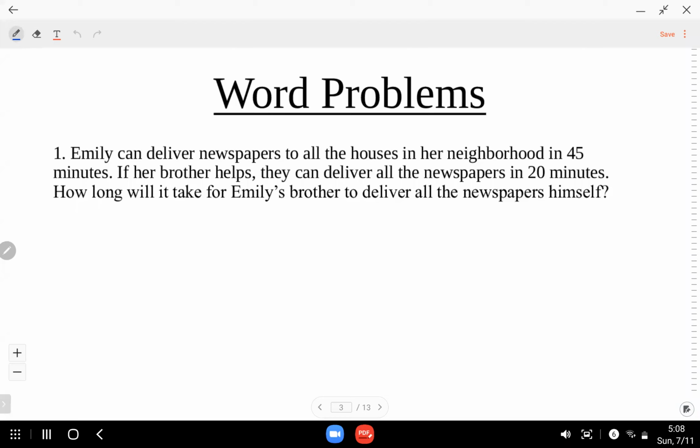Actually, how you solve this is quite simple. You just need to solve it using the same method as that pump A and pump B problem. It's the same concept. Should be pretty easy. All right, let's begin since no one has the answer.